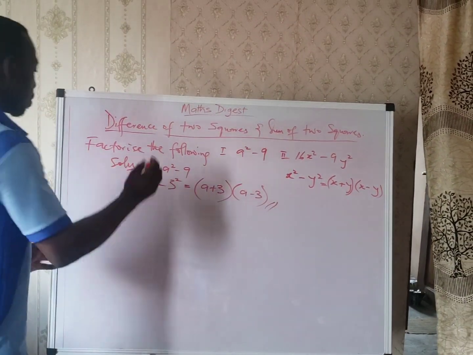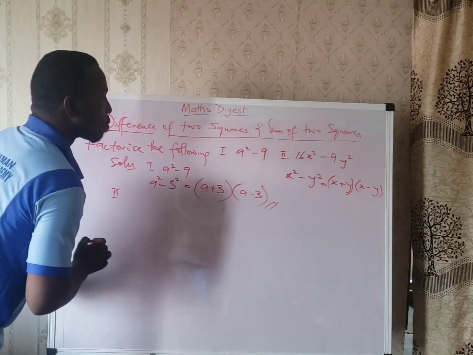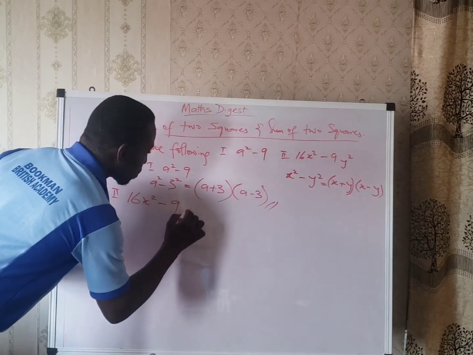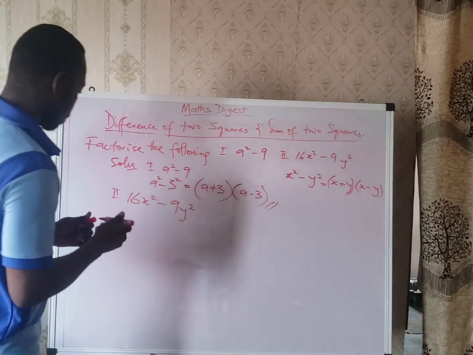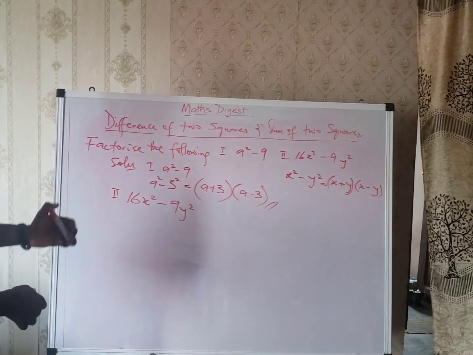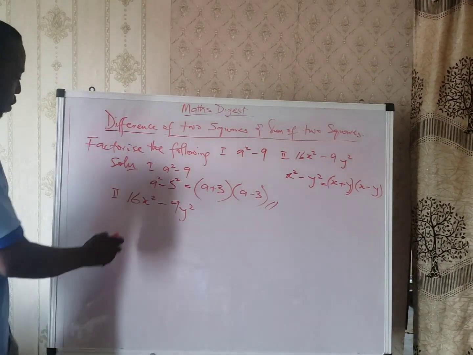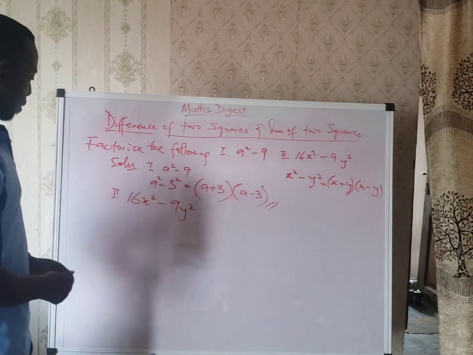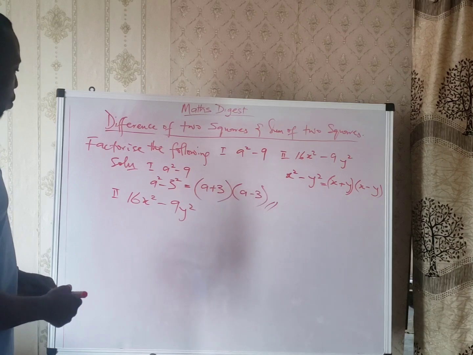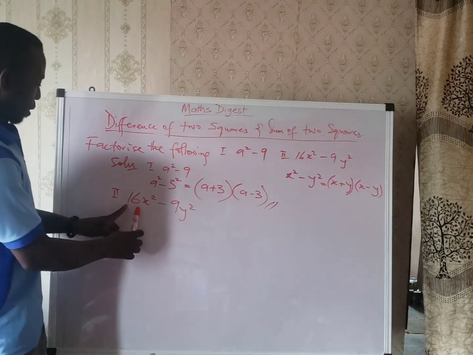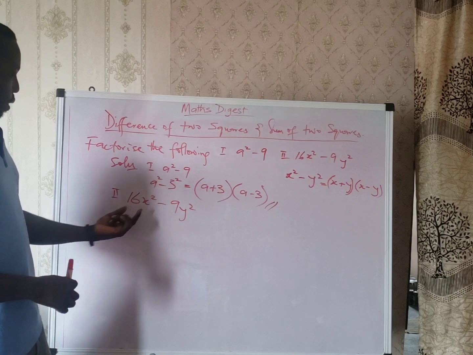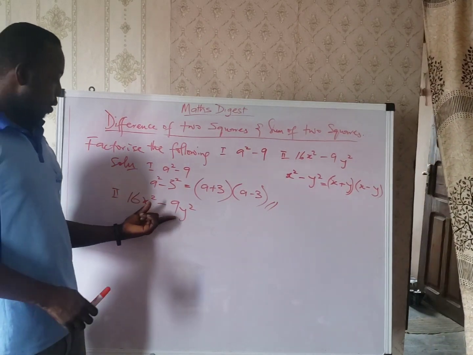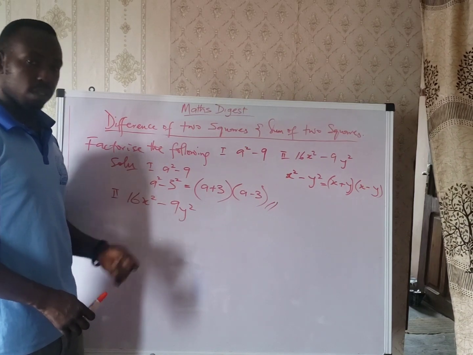Now for the second one, if you look at the coefficients of x and y here, they are more than 1. So what we do is we find a number that when you raise it to power 2 gives you 16, and a number that when you raise it to power 2 gives you 9.